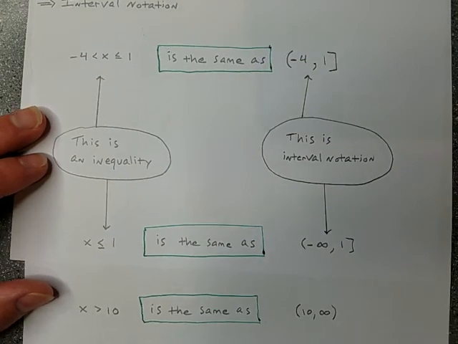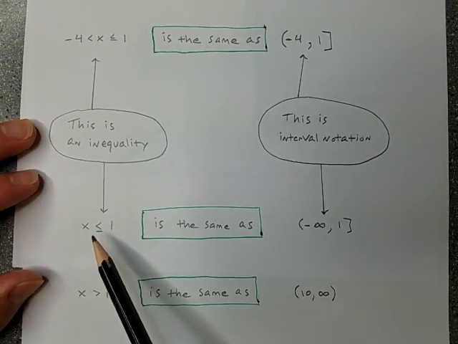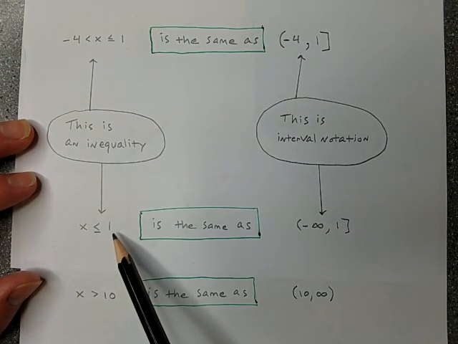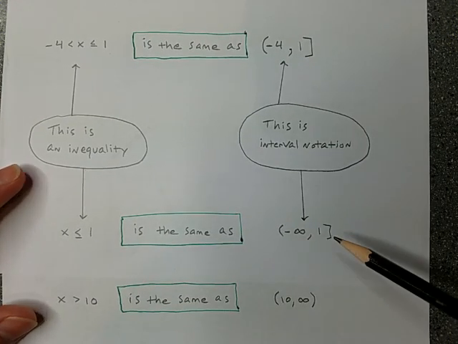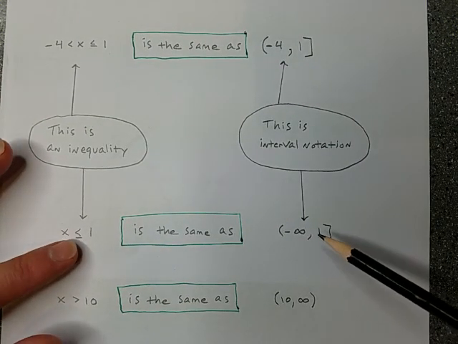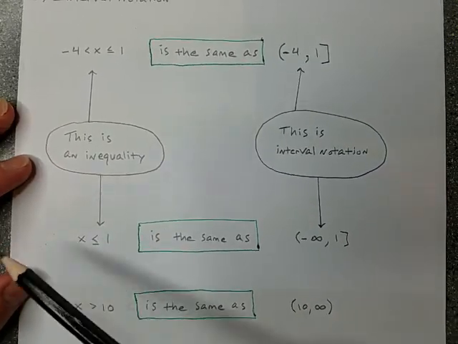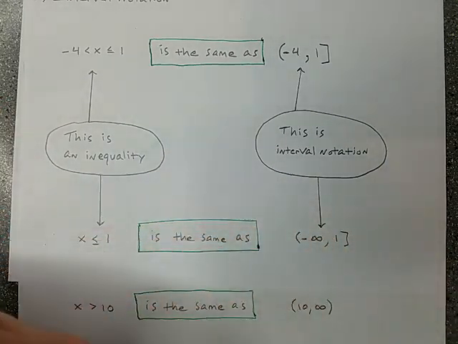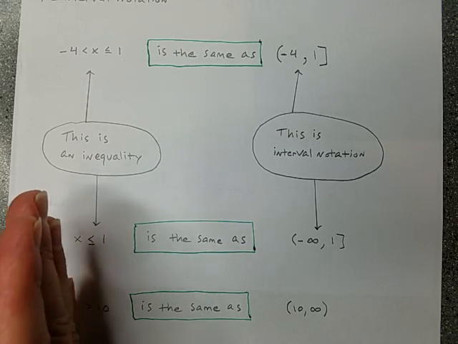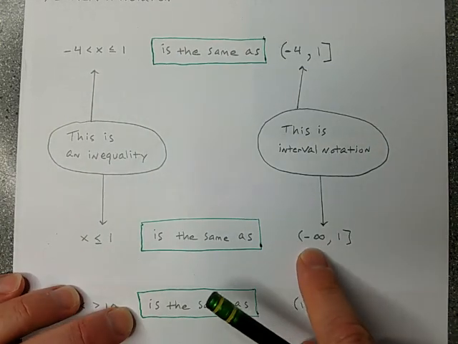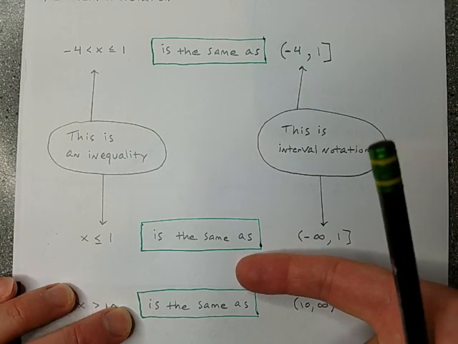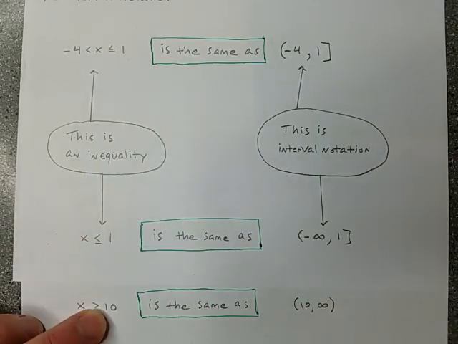A few more examples. What if I just said x was less than or equal to 1? x could be anything less than or equal to 1. Well, how far do the numbers go less than 1? 0, -1, -2, to negative infinity, right? If you look at all the numbers less than 1, that never ends.